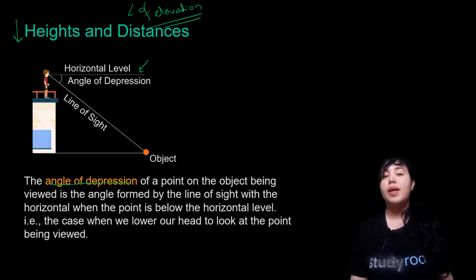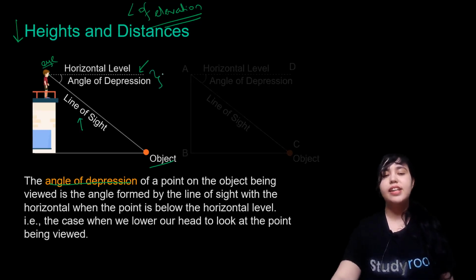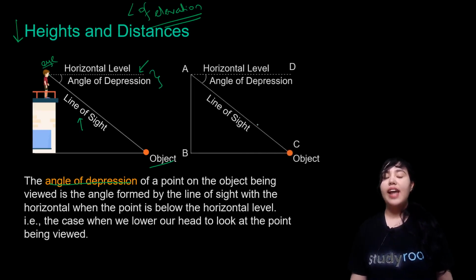In fact, both of them are angles formed between the horizontal level and the line of sight. What is the line of sight in this case? This is your eye and this is your object. So the distance between the two is your line of sight. You take the angle between the horizontal level and the line of sight, and that gives you your angle of depression. Is it clear? So again, we can visualize a triangle like this.